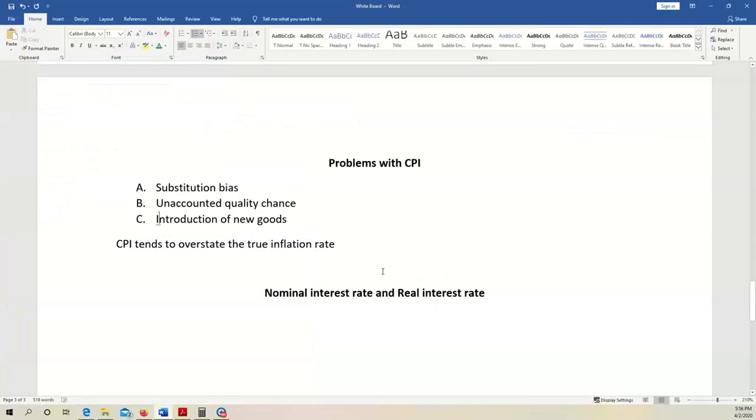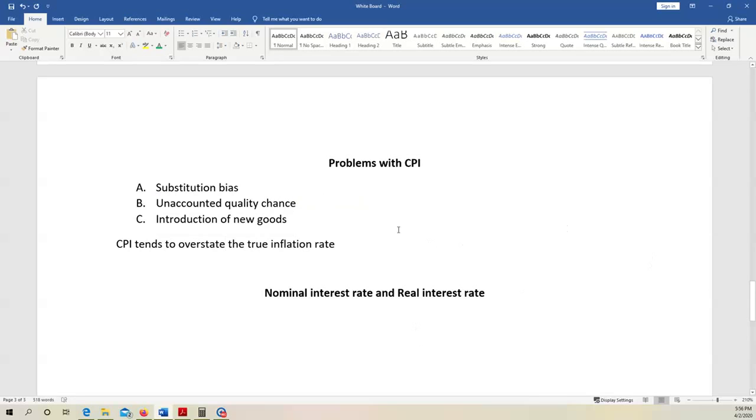See, that's the problem. Over time, many new goods are introduced to the economy, but CPI does not capture this change. So, for example, we may see some new item being introduced in the next decade, which we don't have right now. And the CPI does not capture this aspect of the change in our economy.